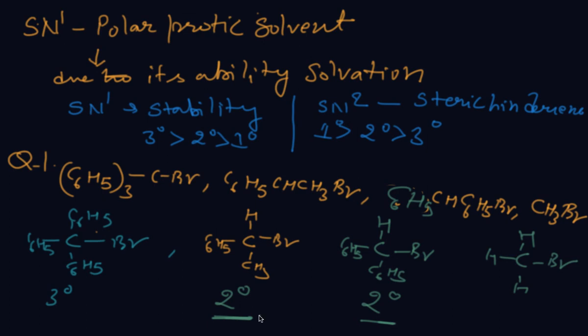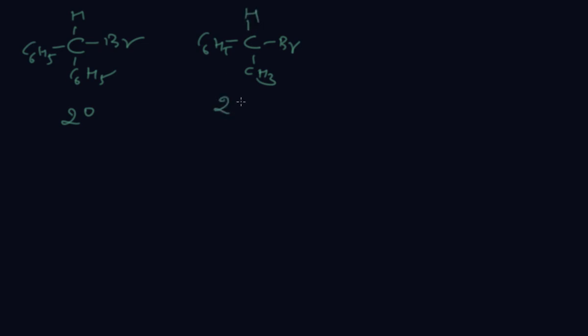Just 1 minute for this lecture, please be with me, because here the problem is C6H5 and C6H5, this is H and this is Br. This is 2 degree. Now again C6H5 CH3 Br and H. This is again 2 degree.